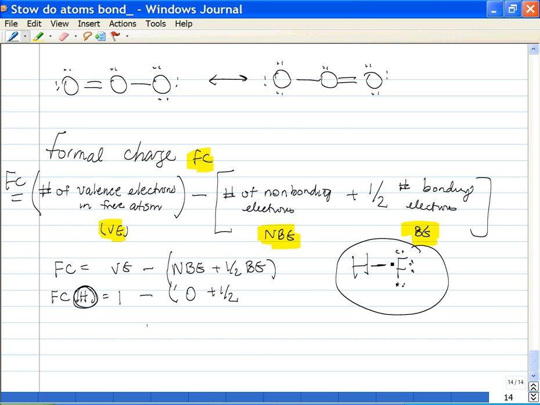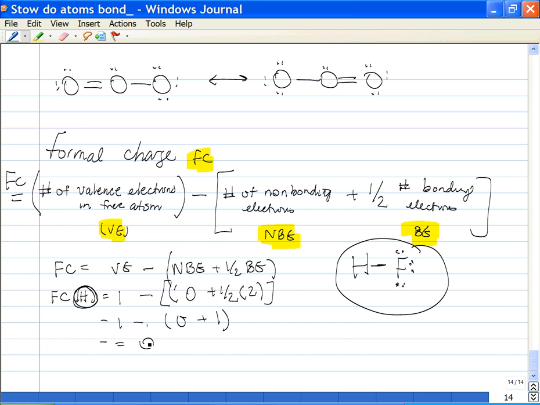And now for bonding electrons, how many bonding electrons do we have around hydrogen? 2, right? So technically, if you wanted to distribute it out, you get 1 minus 0 plus 1.